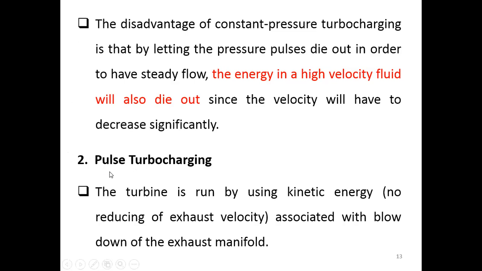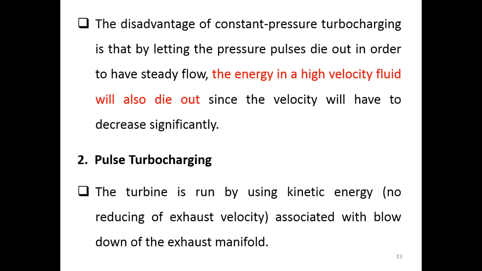The second approach is called pulse turbocharging. In pulse turbocharging, the turbine is run by using the kinetic energy. So the turbine is designed to use the kinetic energy. In this way, there will be no reduction of the exhaust velocity.